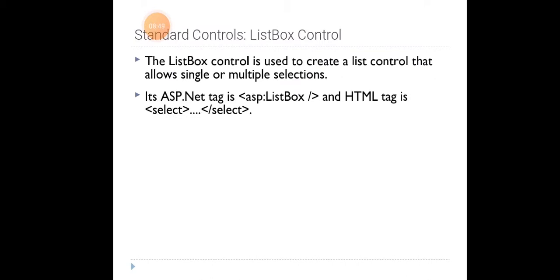Next, the list box control. First, we learned about the list control. Next, the list item control, and after that, we are discussing the list box control. The list box control is used to create a list control that allows single or multiple selection. It helps to select a single selection or a multiple selection.